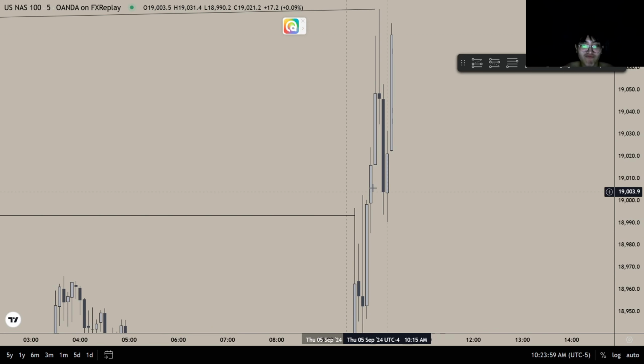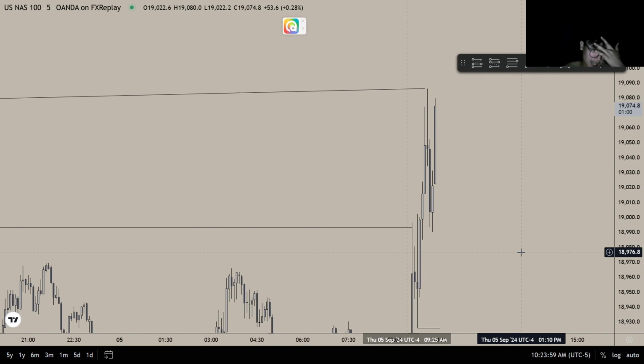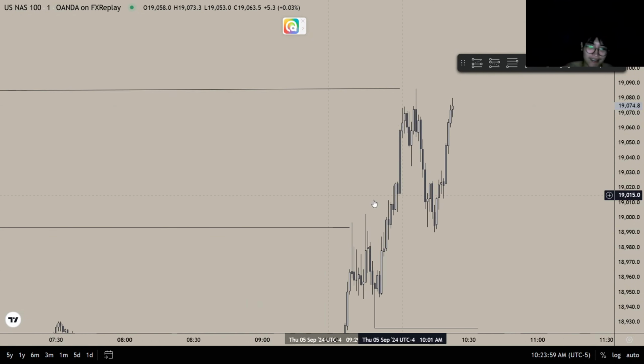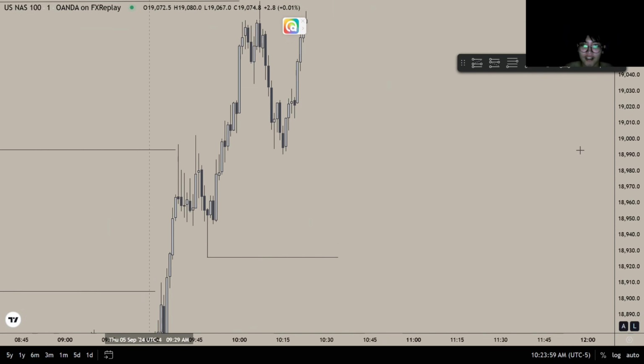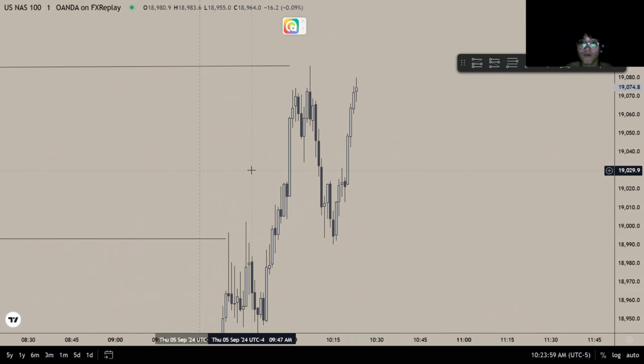It respected this 5 minute, but only semi, so I didn't really like to take any of those. What I'm seeing so far in September, and it's one of the major things you need to understand, is that the market changes from month to month. For me, August would give me a lot of A plus setups.